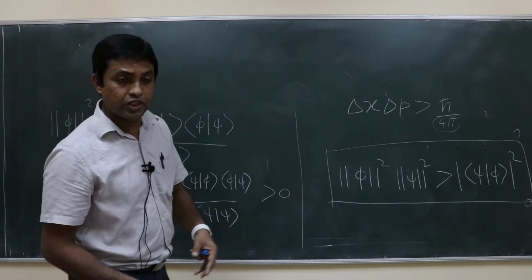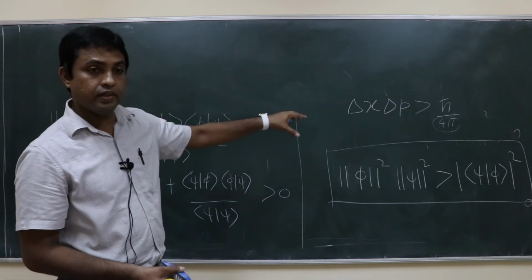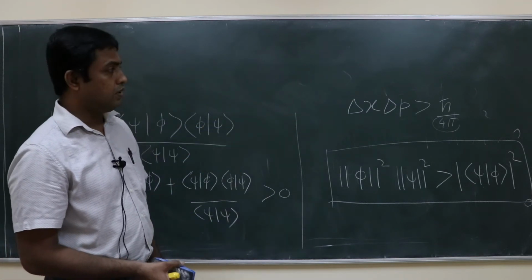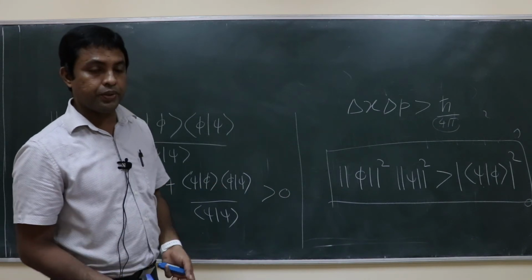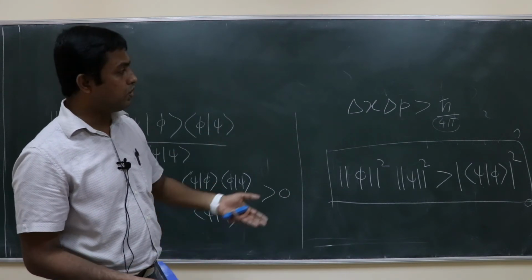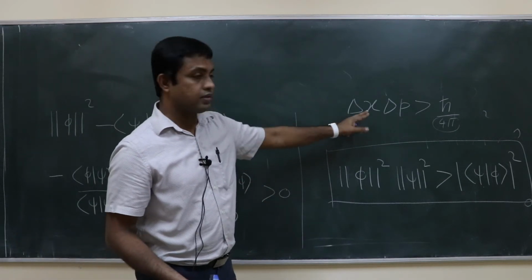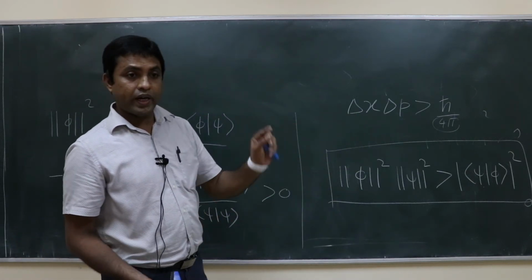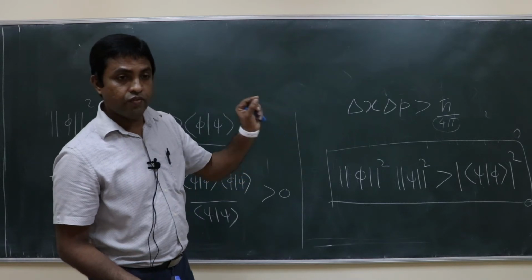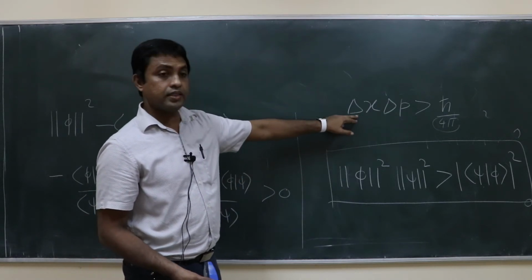This is not because you are not able to measure. It is actually built into quantum mechanics, because it is not your inability to measure. It is actually the system cannot give you more than that accuracy. Because if I give you delta x, so what is delta x? Delta x is a variance in x.